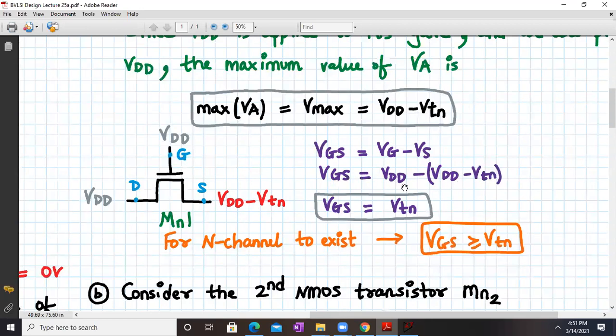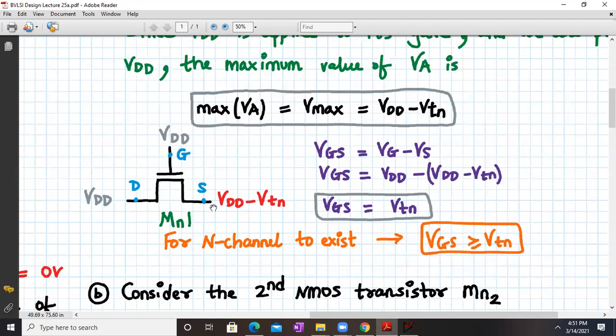Now we know that for an NMOS, for the N channel to exist, we want VGS to be greater than or equal to VTN, the threshold voltage. That is why we get one threshold voltage less. The reason we get VDD minus VTN is one threshold voltage loss.